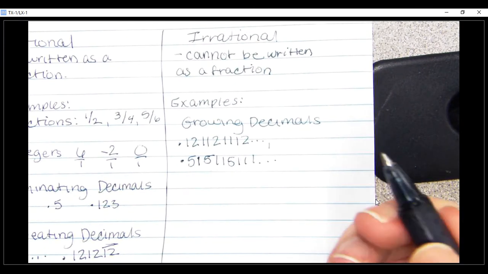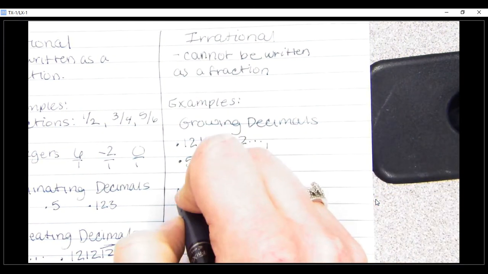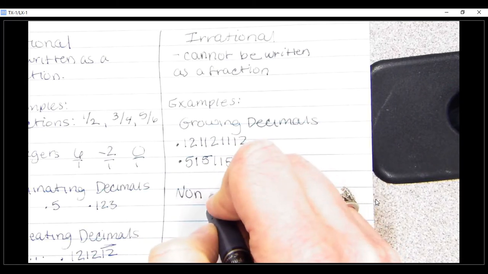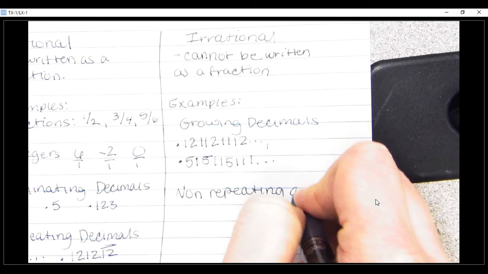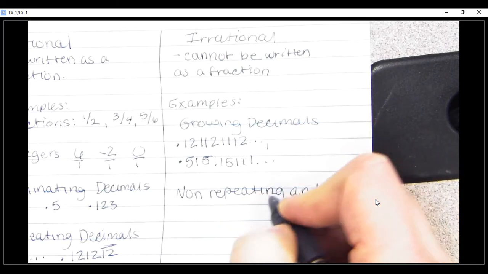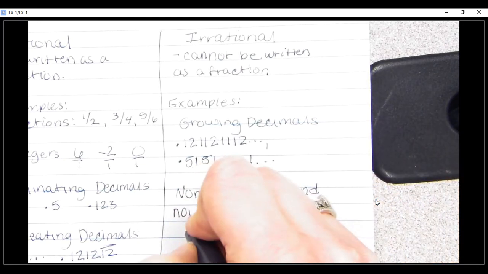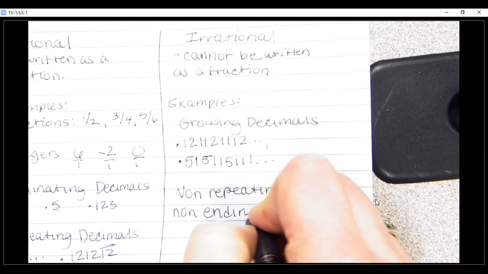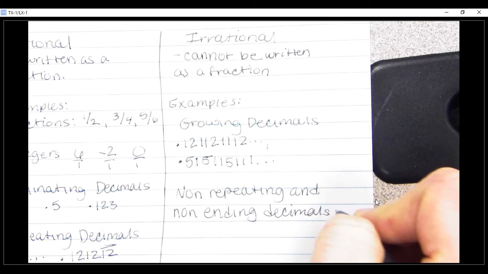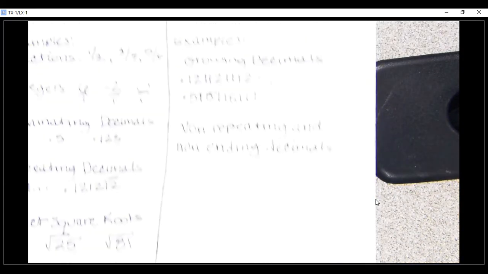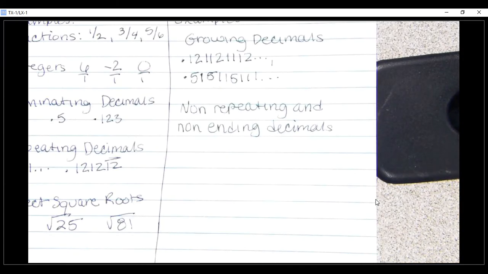Another form of an irrational number are going to be non-repeating and non-ending decimals. So these types of decimals, of course, go on forever, but there's no number that's repeating. It's not just one set of numbers that repeat forever.